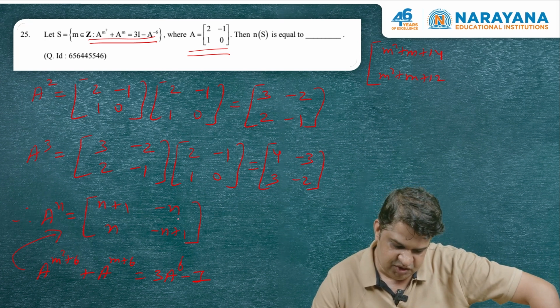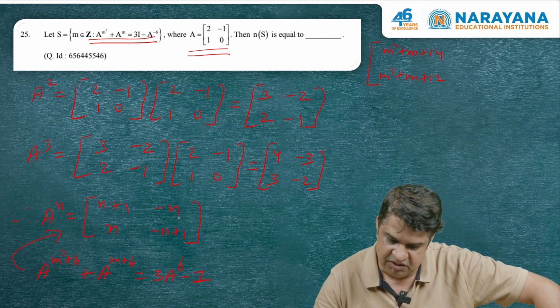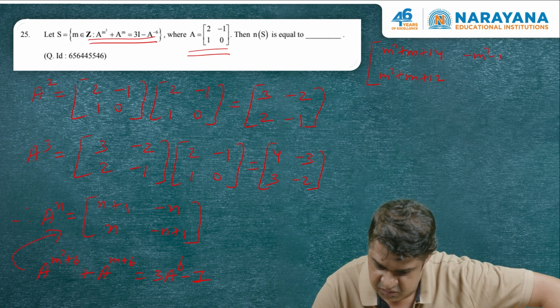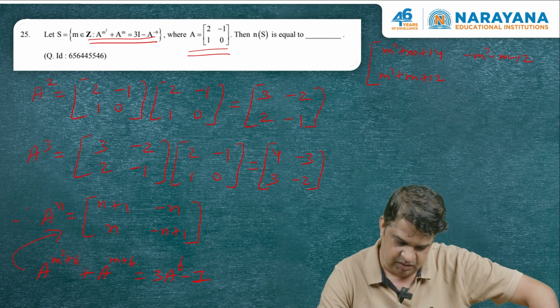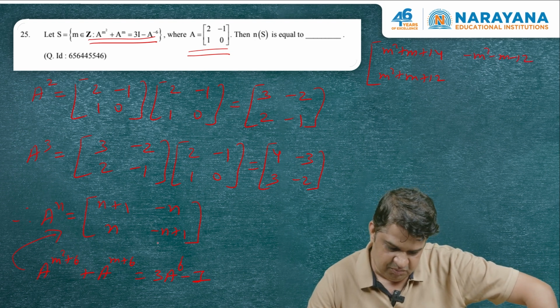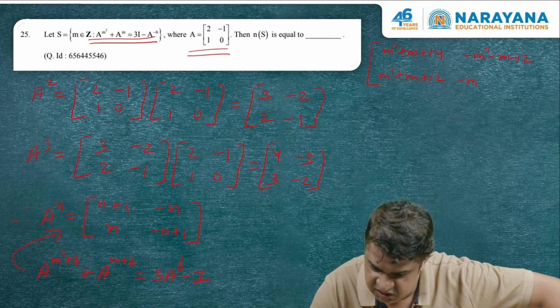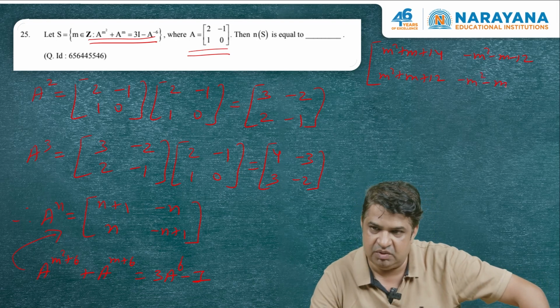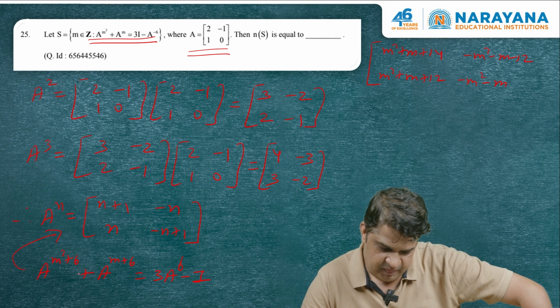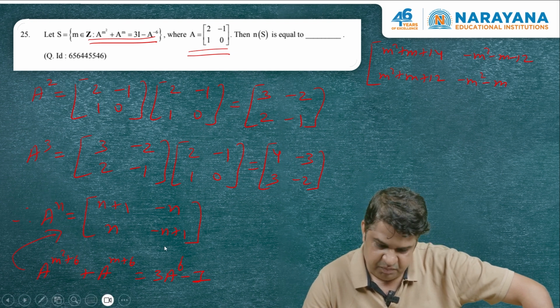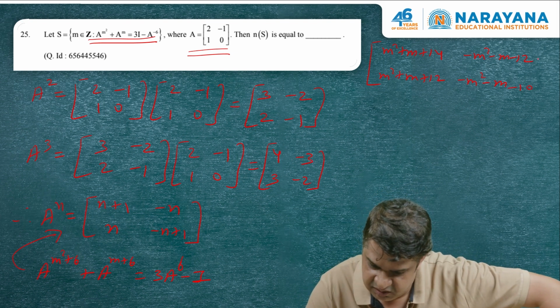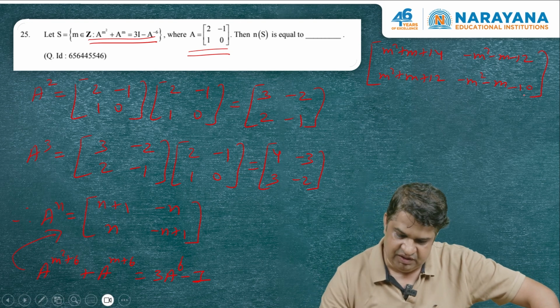Here minus m square minus 6 minus m minus 6. So, minus m square minus m minus 12. Now, minus m square minus 6 minus m minus 6. So, minus m square is confirmed, minus m is confirmed, and minus 12 plus 2, that is minus 10. So, that is our left hand side.